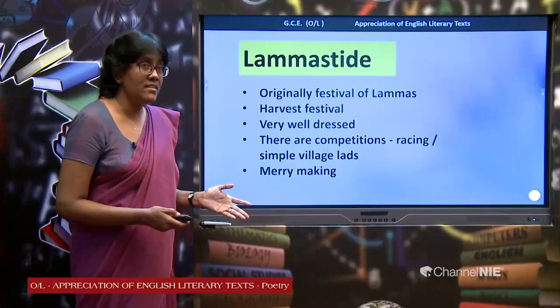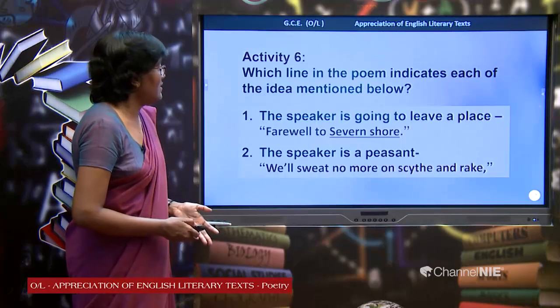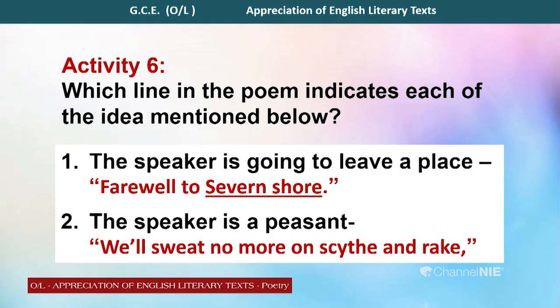competitions, right? Okay, well, now this activity 6 is very important because that will give you kind of insight, kind of wisdom to clearly identify the things embedded in these lines. The poem that you have read will be very clear if you go through these lines.